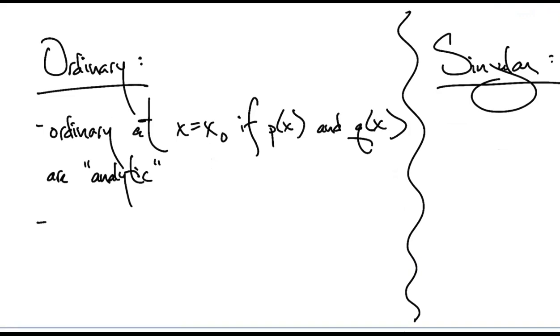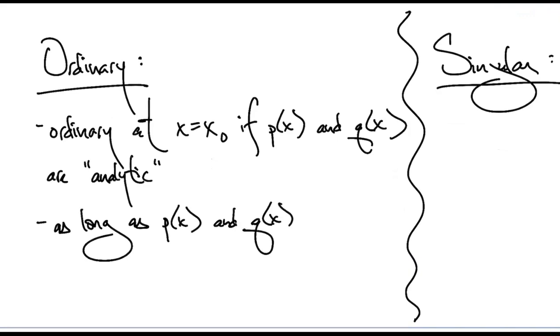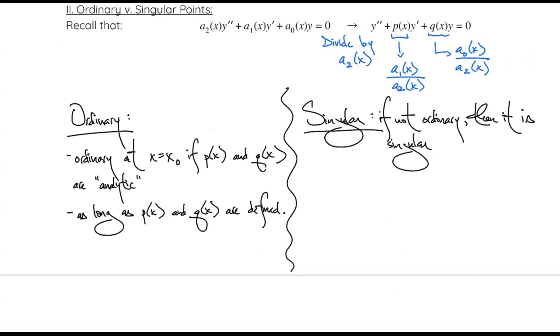Okay, so a point is going to be ordinary if P of x and Q of x are analytic. And what does that mean? Basically, that means that as long as P of x and Q of x are defined, okay, so as long as this coefficient and this coefficient are defined, at x equals x sub 0, we can consider that an ordinary point, all right?